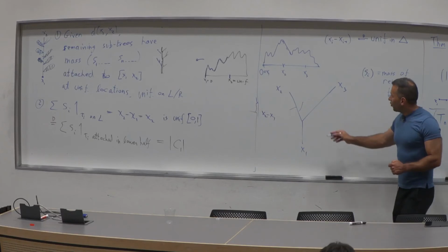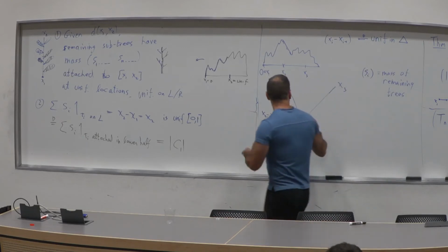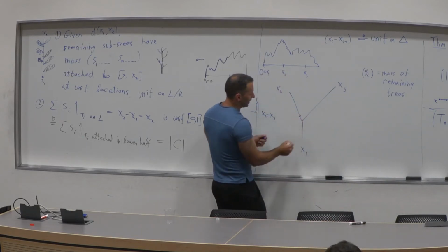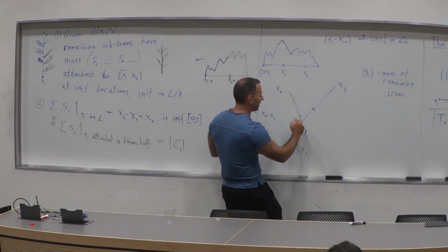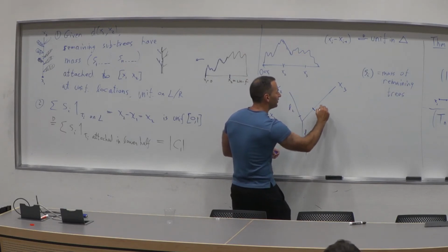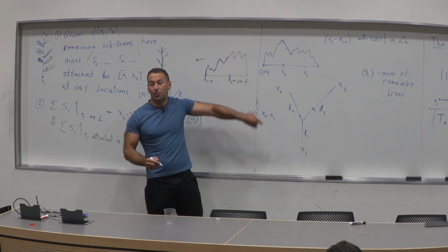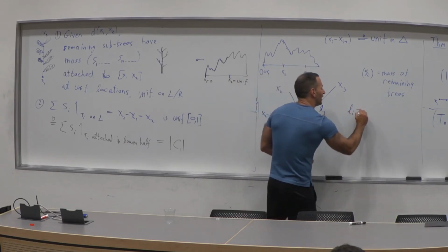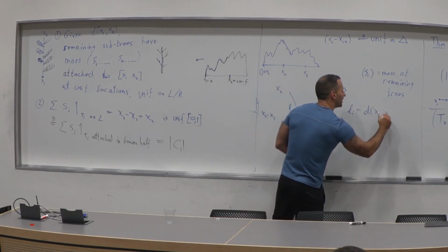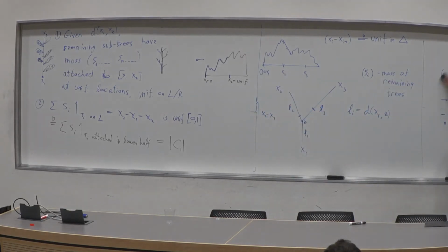And similarly, if I know what this subtree is, then I can also find the Voronoi cells. Because for the Voronoi cells, I just need to cut things midway between x1 and x2 and midway between x1 and x3. So suppose that L1, L2, and L3 are the lengths of the three legs here, from the center point z to x1, x2, and x3, so Li is the distance from xi to z. Then what do we have?